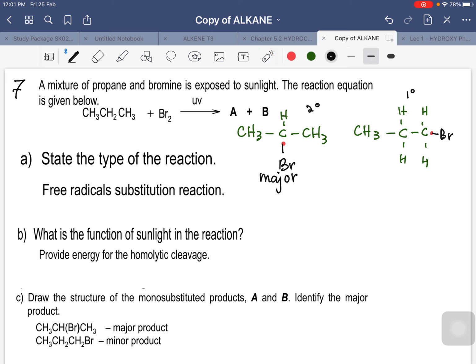The other one will be the minor product. So the major product comes from the intermediate, either free radical or carbocation, that is more stable. The more stable the intermediate, the more it forms the major product. So bromine at carbon number 2 is the major product, and bromine at carbon number 1 is the minor product.